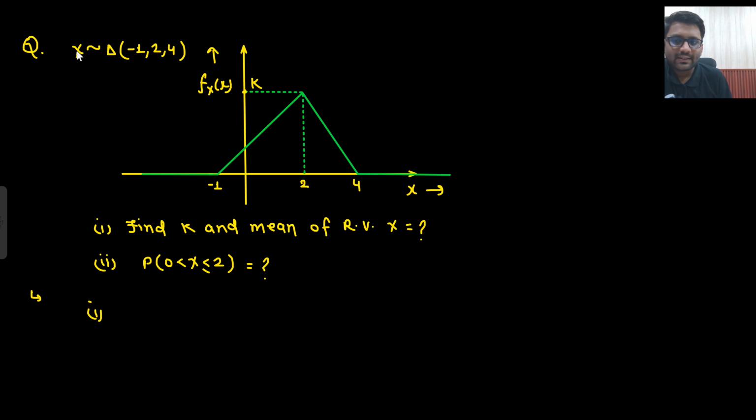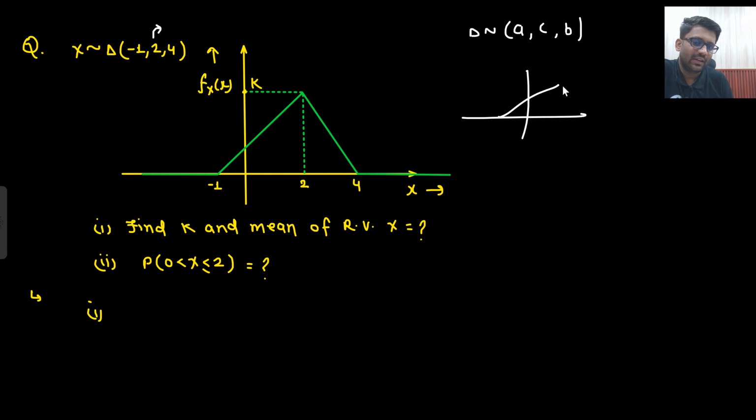So what they are saying is, x is a triangular distribution going from minus 1 to 4. X will be taking values from minus 1 to 4, and you have the maximum amplitude at x equals 2. If I say triangular distribution going from A to B, in between C would come.